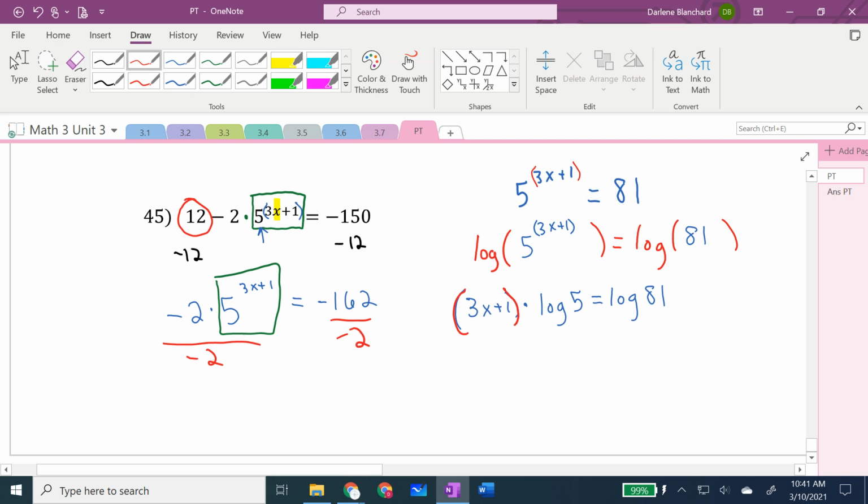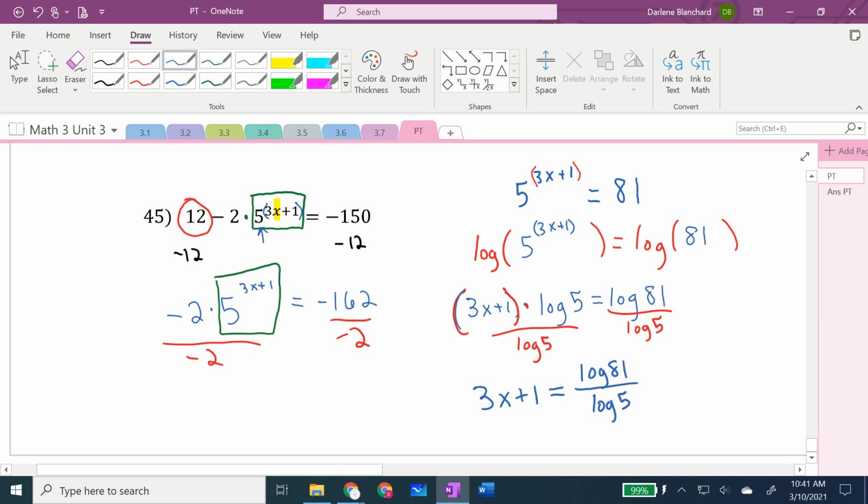Before I can go inside of it, I need to take care of the multiplication of this number. So I'm going to divide both sides by log 5. And now I have the 3x plus 1 equaling log base 10 of 81 divided by log base 10 of 5.